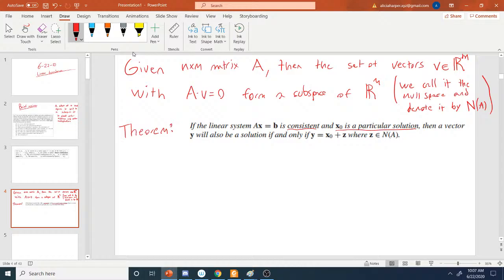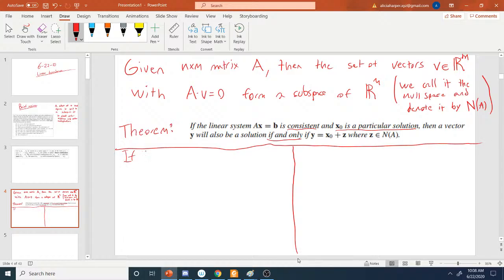Then a vector y will also be a solution if and only if y equals x naught plus z, where z is an element of the null space. Because we have if and only if here, we have two directions to prove. Let me start by proving the if direction, the sufficiency direction.